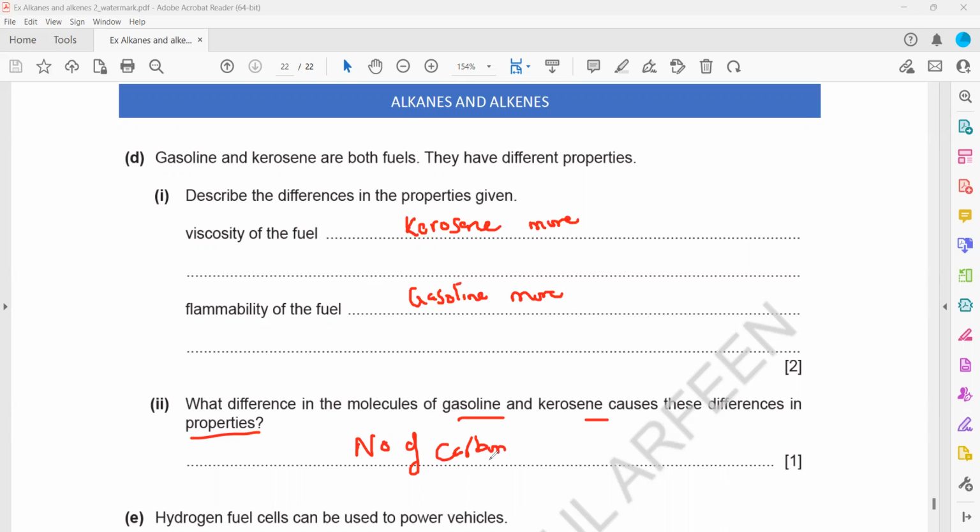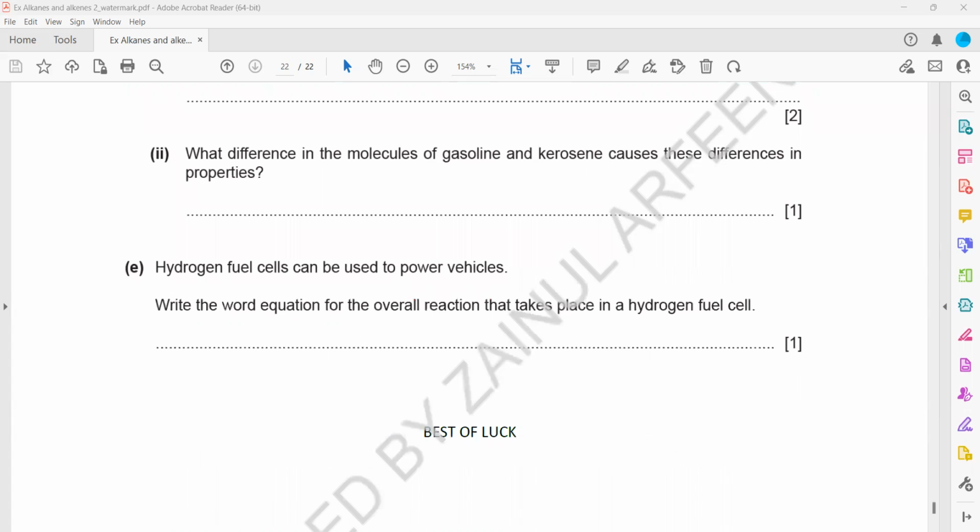Yes, the number of carbon atoms decides whether they will be easy to burn, difficult to burn, or their viscosity. Molecular mass is different, but molecular mass is not deciding the chemical property. The properties here are due to the carbon chain.